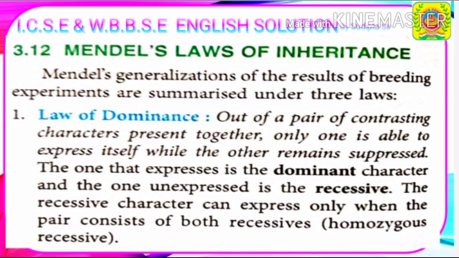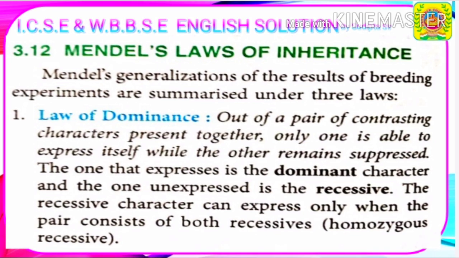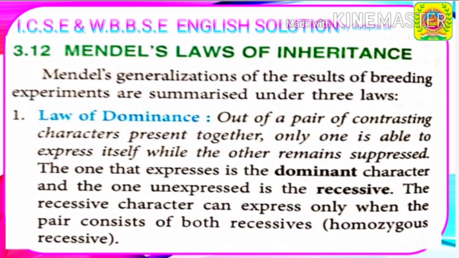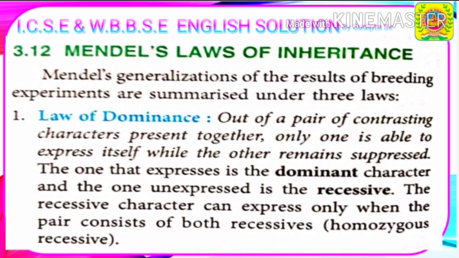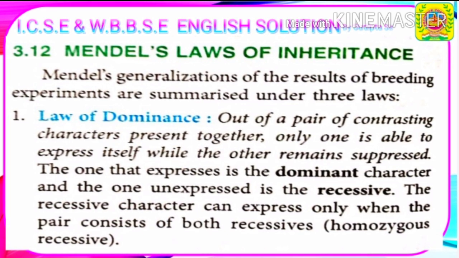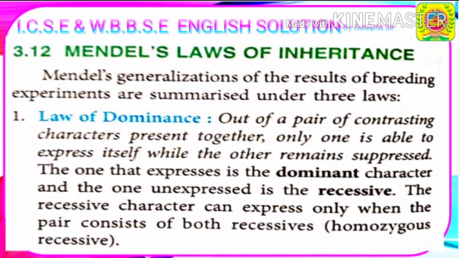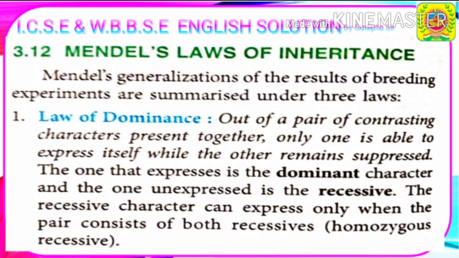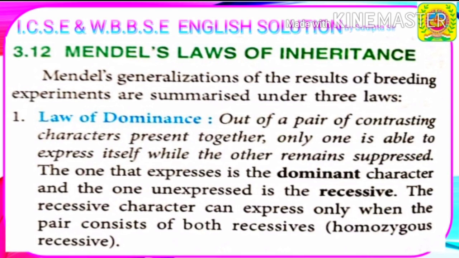Out of a pair of contrasting characters present together, only one is able to express itself while the other remains suppressed. The one that is expressed is the dominant character and the one unexpressed is the recessive. The recessive character can express only when the pair consists of both recessives, or homozygous recessives.